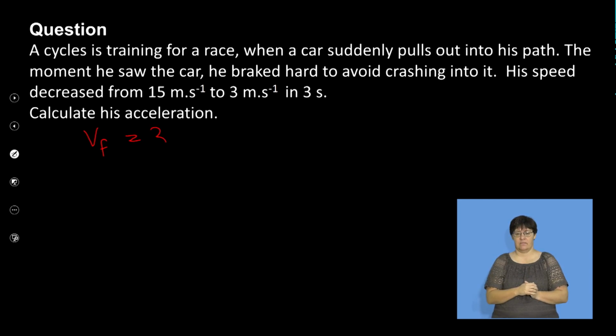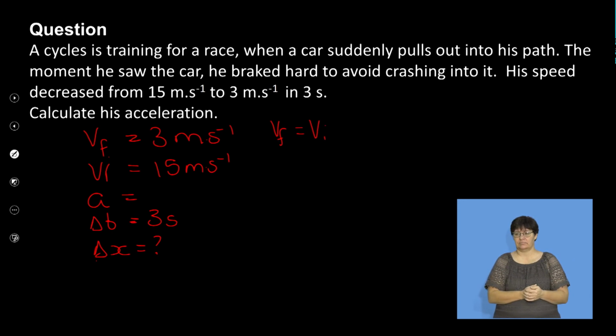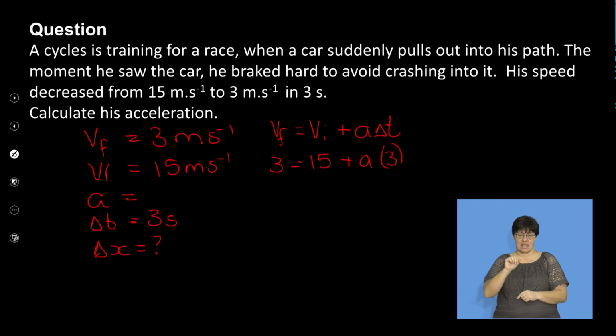Vf is 3. Vi is 15. A is what we're looking for, and they say he does this in 3 seconds, okay? We don't know delta x, but we don't actually need it because, again, we're going to use the first equation, which we've done lots today. So Vf is 3, Vi is 15, t is 3. Now we need to be careful.